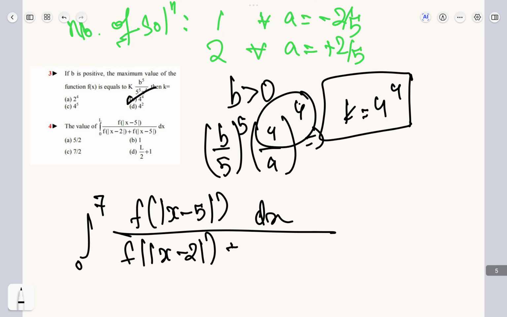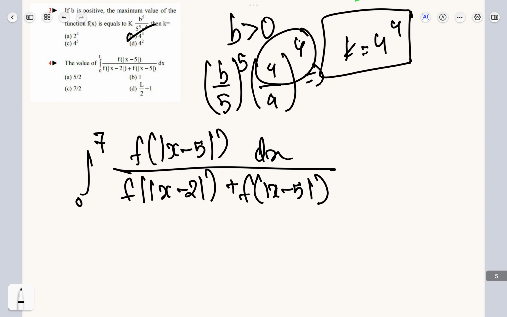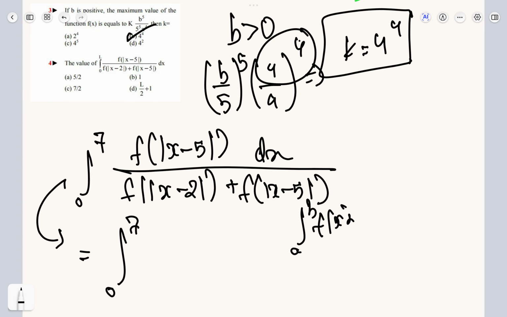And the last question asks you this thing. This is a very easy question. I can just use the property, King's rule, right?